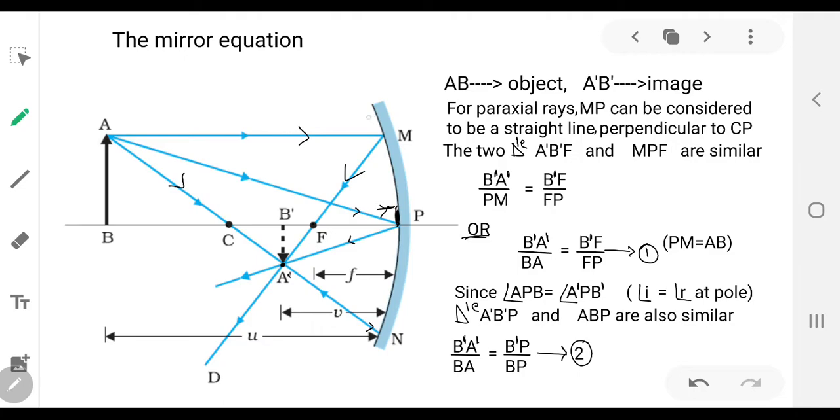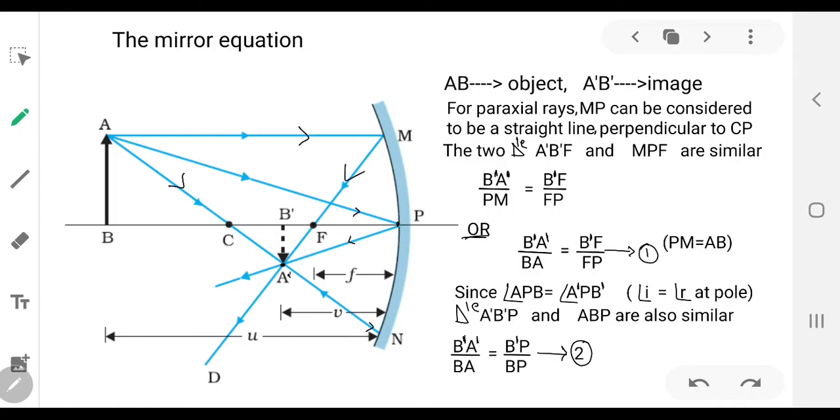If we take a larger distance, it appears to be curved, but if you take a small distance, it appears almost a straight line. So for paraxial rays, MP can be considered a straight line which is perpendicular to the principal axis.